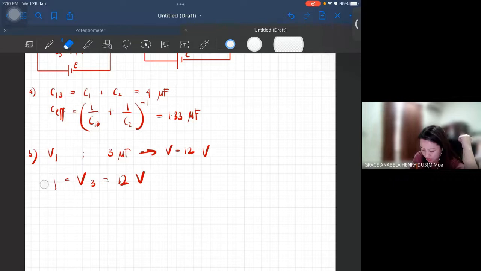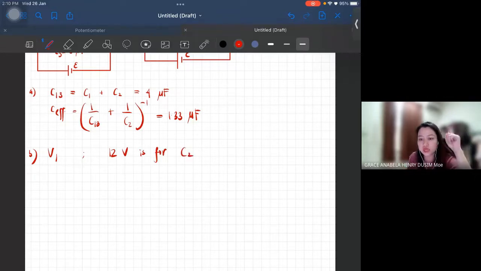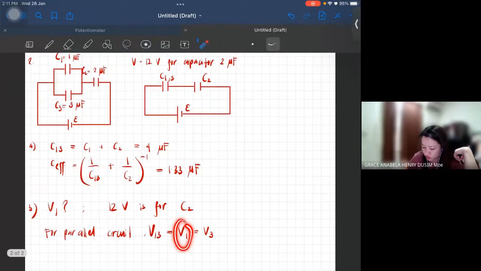But actually the 12 volt is for capacitor 2. That is the correction. So now we will find V1. Remember for a parallel circuit, V13 should be equal to V1 equal to V3. V1 is for capacitor 1, V3 is for capacitor 3.